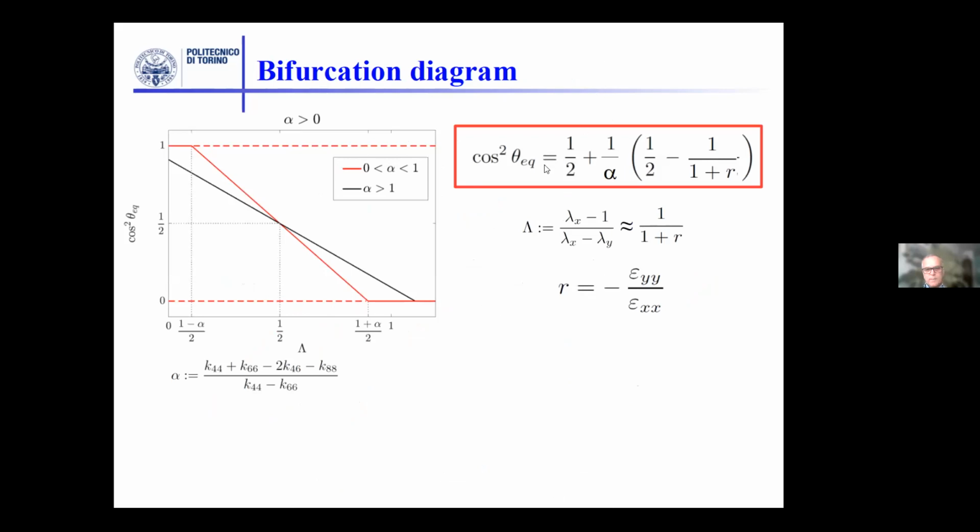Before discussing the bifurcation diagram, I want to stress one thing: this oblique configuration depends on R, and R is the biaxiality ratio. So if you stretch your material by, say, 5% along X, and it shrinks by 2% along Y, you have a certain R, which is 0.4.